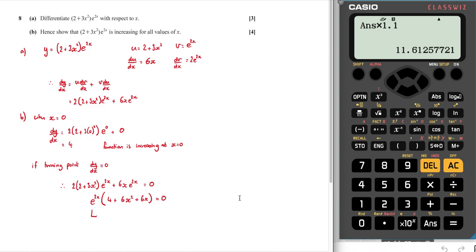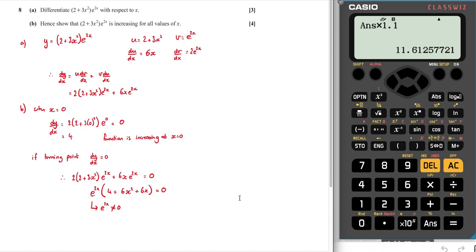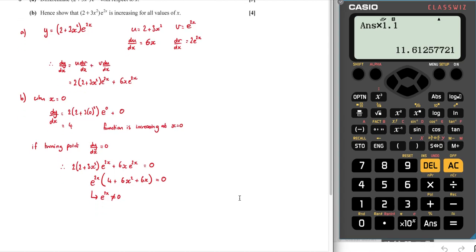We know e to the 2x is never 0, because if you look at the graph of e to the 2x, it comes along, never hits the axis, and then just does that. So it's asymptotic to the x-axis, never hits it.